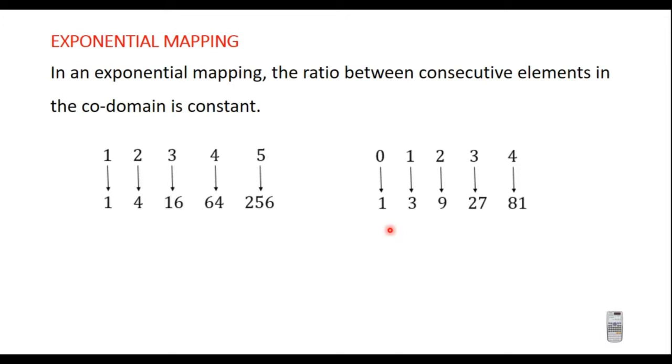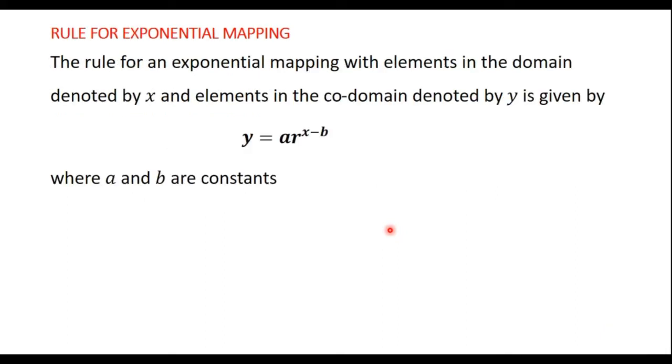In the previous video, we saw how to find the rule of a linear mapping. Now let's look at how to find the rule of an exponential mapping. The rule for an exponential mapping with elements in the domain denoted by x and elements in the codomain denoted by y is given by y is equal to a r exponent x minus b, where a and b are constants.